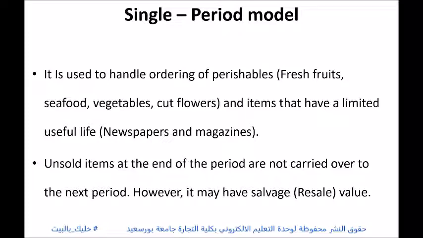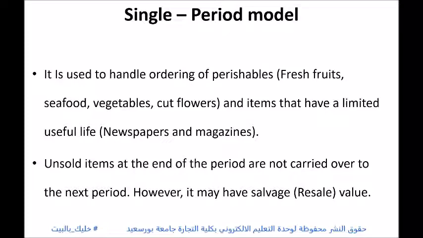Some finished goods inventories have very short selling seasons. Items such as holiday decorations, Christmas trees, newspapers and magazines are good examples. These products have a high value for a relatively short period. Then the value decreases to either zero or some minimum salvage value.